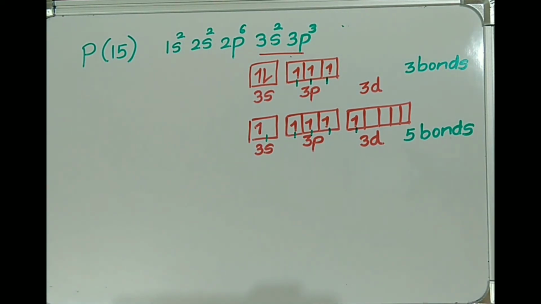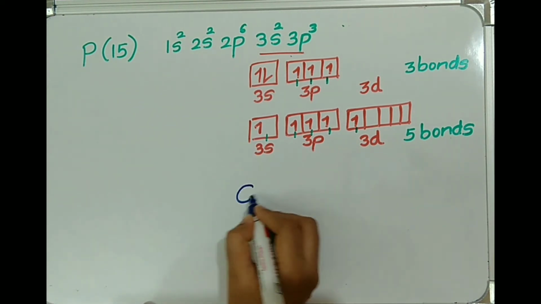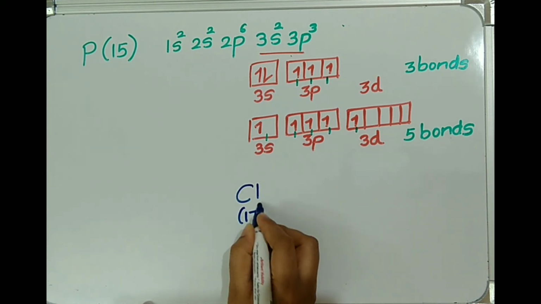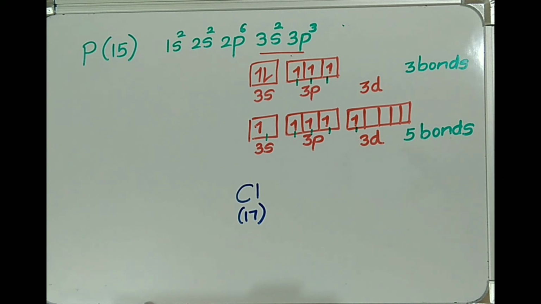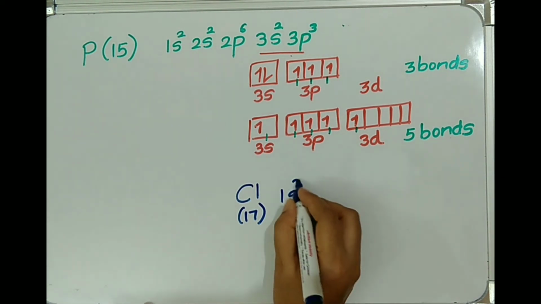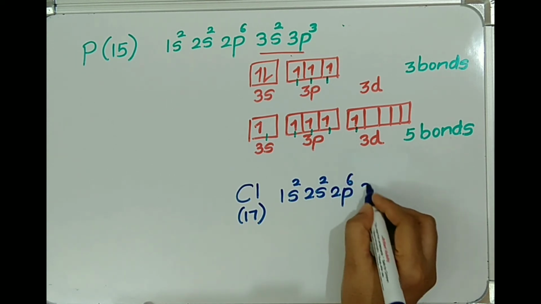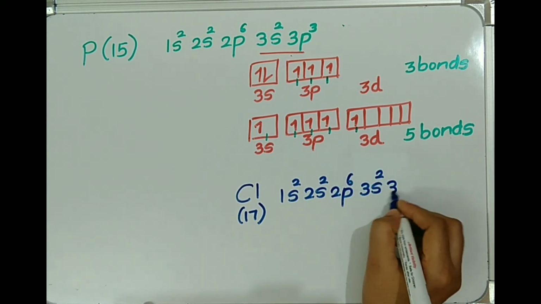Same example we will take, correct? That is for chlorine. If phosphorus combines or attaches with chlorine. So chlorine, the atomic number is 17. 1s2, 2s2, 2p6, 3s2, 3p5.